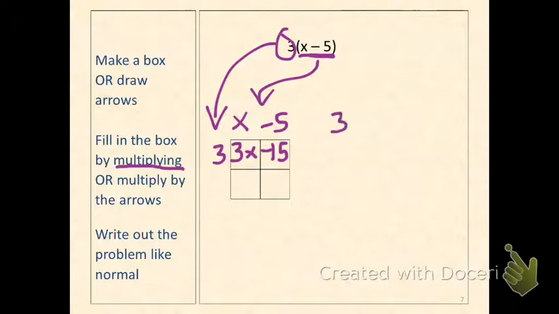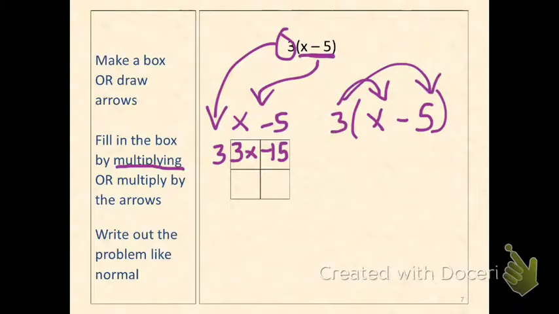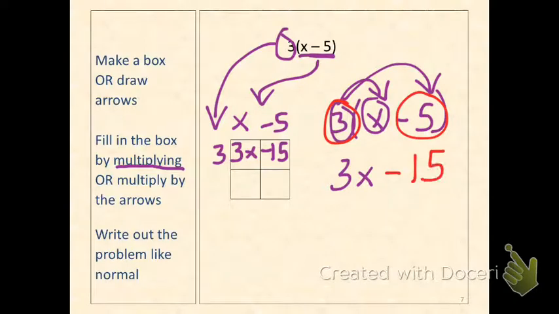Okay, same thing here. 3 times x minus 5. When I do the arrows, whoop, whoop. 3 times x is 3x. Okay, and then when we look over here, 3 times negative 5 equals negative 15. Okay, the very last step is just write the problem out like normal.